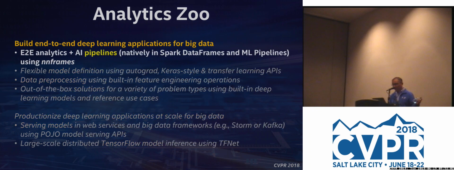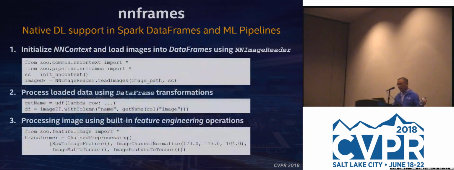So let's look into some of the details. nnframe is a package in analytics which provides native deep learning support in Spark DataFrame and the ML pipeline. So this shows some examples. First of all, you can initialize your own context, which is a wrap of the Spark context we just saw.